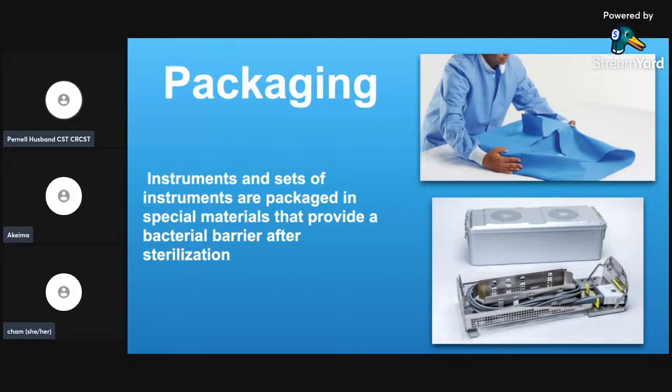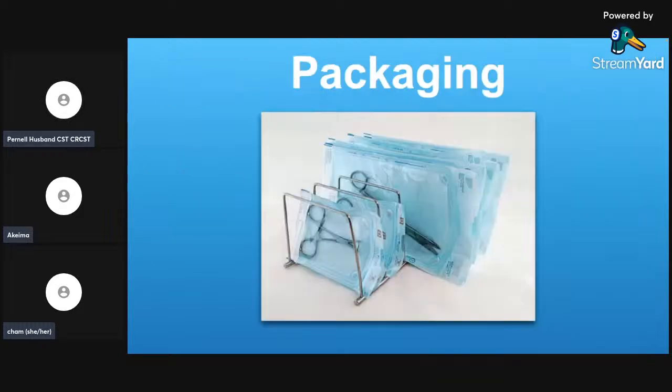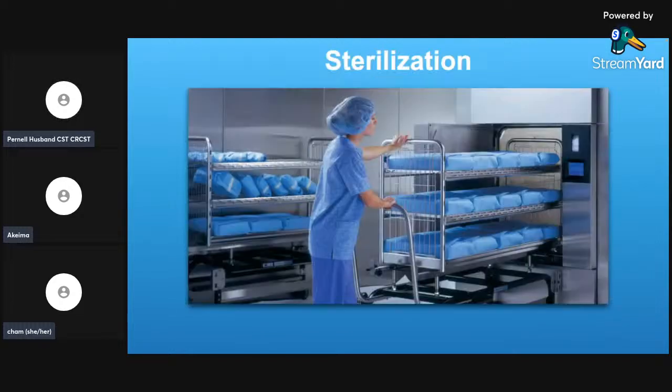Packaging, again, this is happening on that prep side. Got the decontamination side, the machines are facing the clean side, the instruments come out once they've been decontaminated, and now all of this further reprocessing activity is happening in the prep and pack area. There are a variety of packaging materials, which we'll learn about throughout the course.